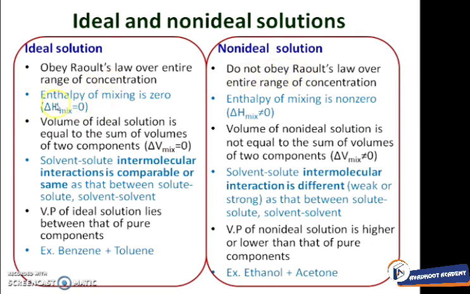Another difference is, in case of ideal solution, the enthalpy of mixing is 0, that is delta H mixing is 0. Now what is enthalpy of mixing? When two solutions are mixed, sometimes there is an evolution of heat, or sometimes there is an absorption of heat. Accordingly, the process may be endothermic or exothermic.